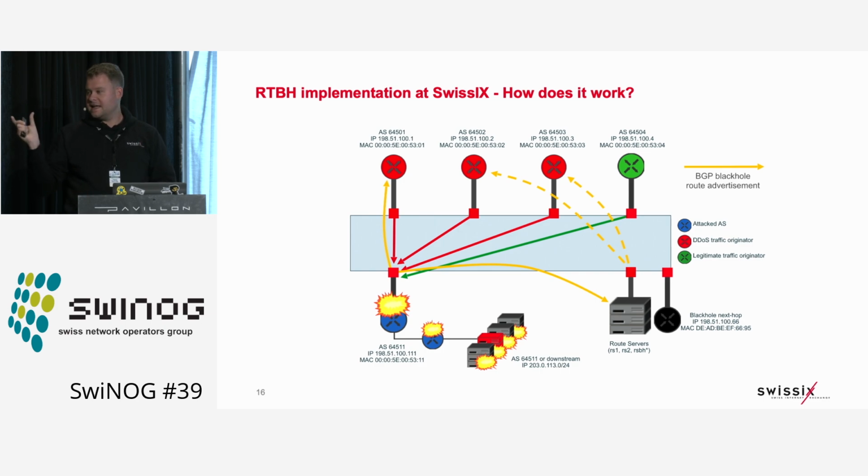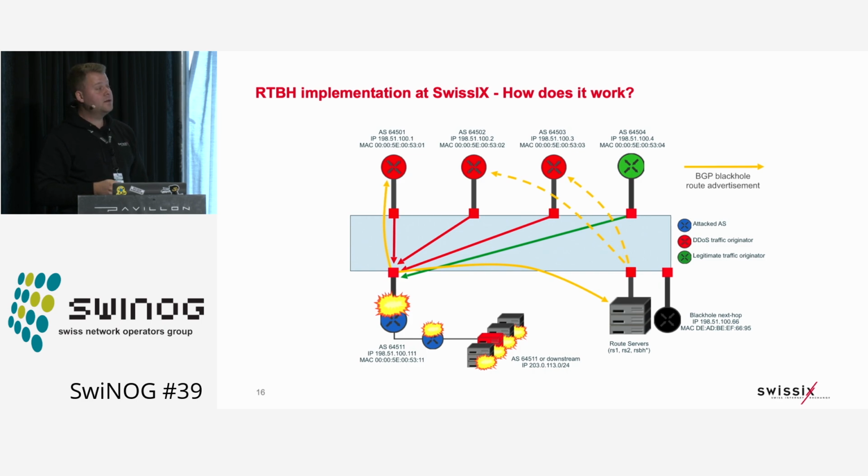So he sends that BGP update message to the route servers. The route servers then detect that the well-known BGP blackhole community has been set. And before the route server redistributes the routing information, the route server will rewrite the next hop IP of that specific announcement to the IP of the blackhole next hop, which we see on the bottom right in black.